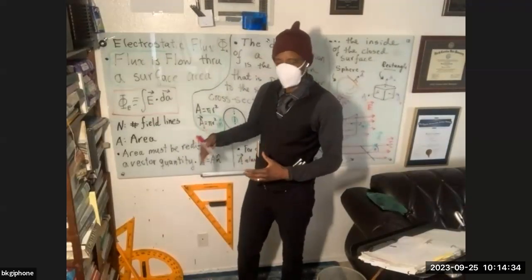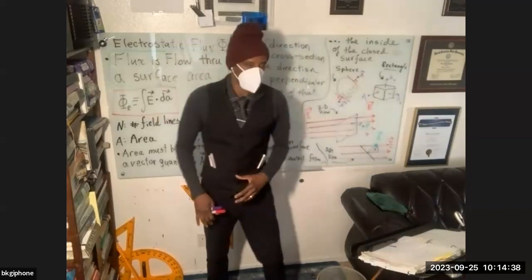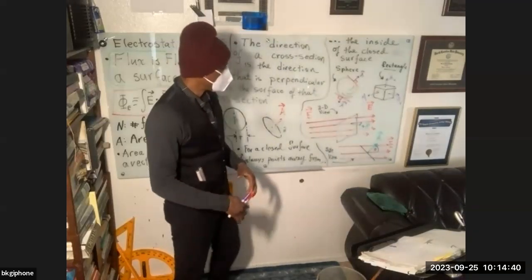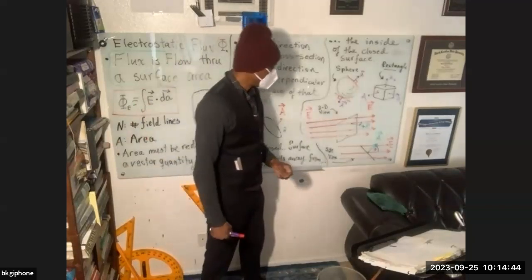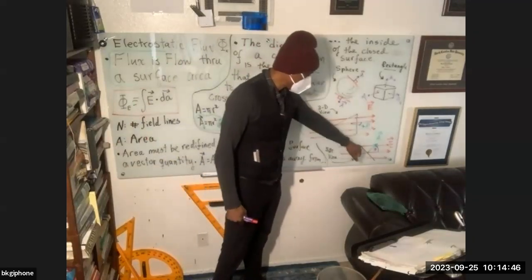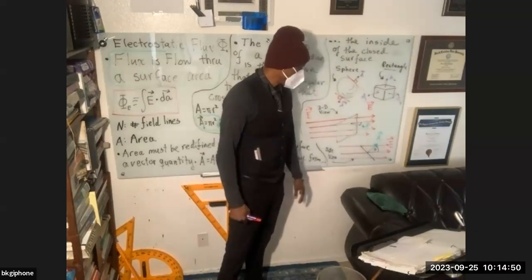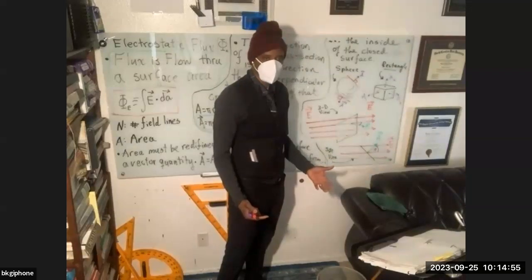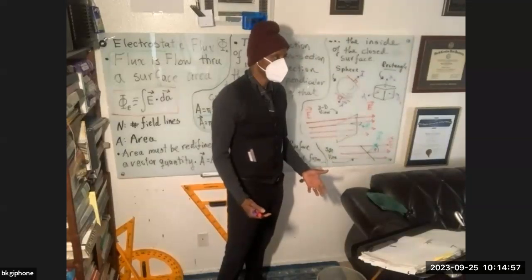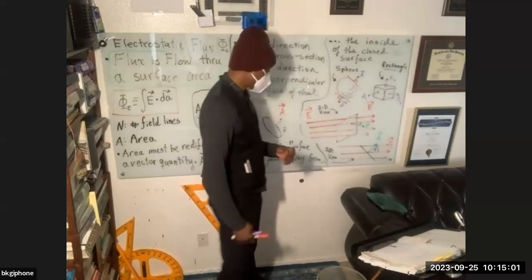The argument of the integral is the dot product between E and dA. Now dA here is just a differential area, but in a case like this, where the electric field is constant over the surface, then E basically comes out of the integral, and you just have E times the integral of dA.